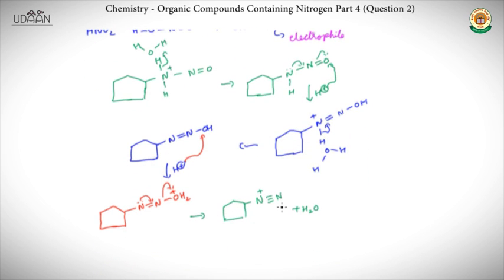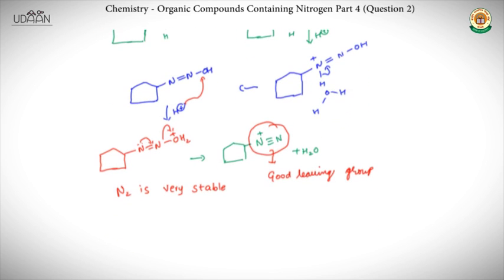Now let us see what happens later. You know that nitrogen is stable, very stable. So this one is a good leaving group, since departure of this group gives a stable compound.